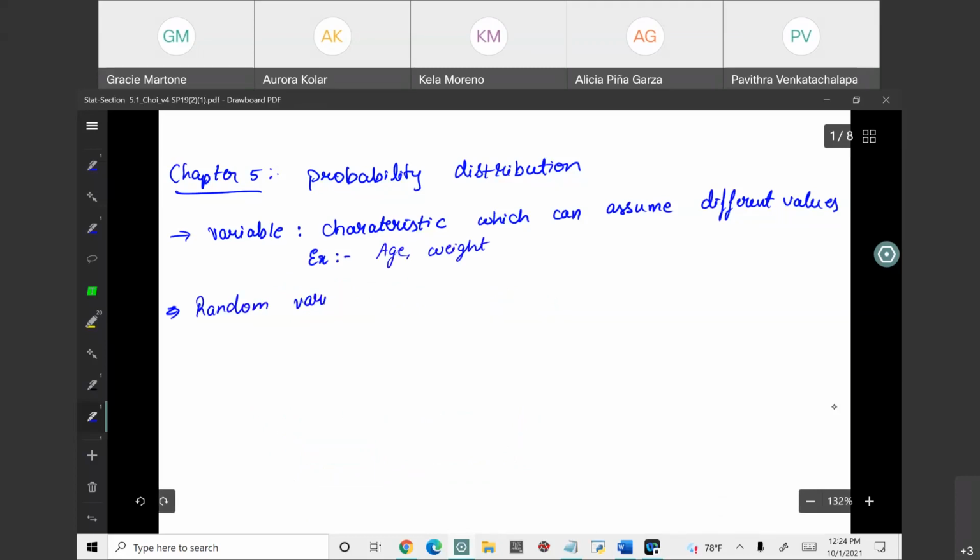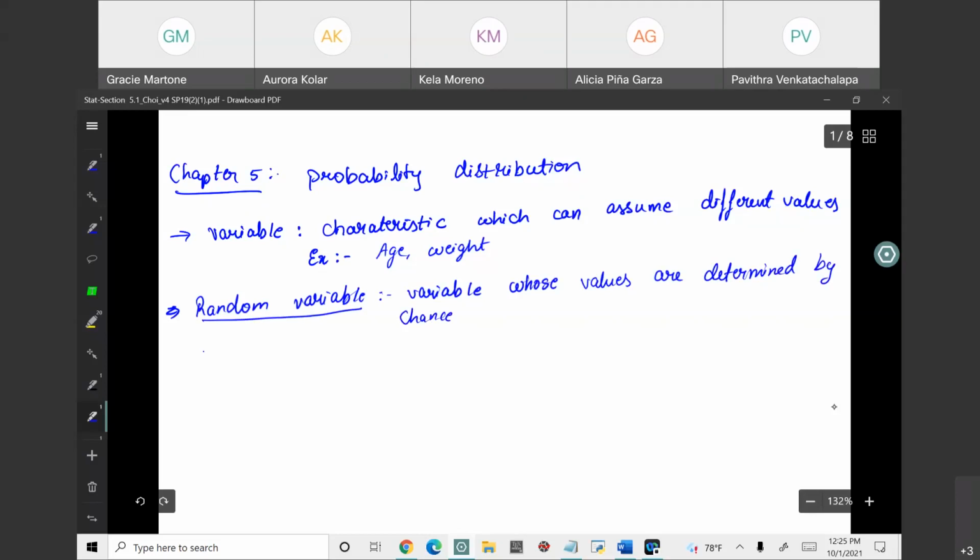What is a random variable then? Variable means something which is holding different values. Then what is a random variable? If those values are determined by chance, it's called a random variable.